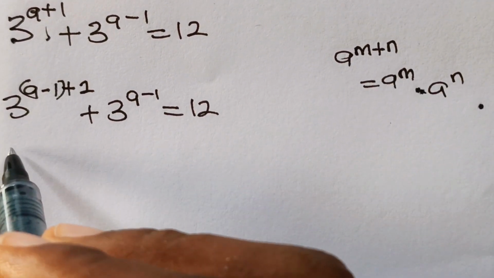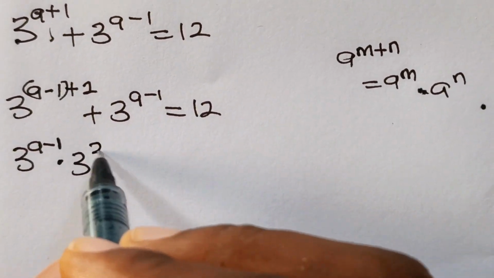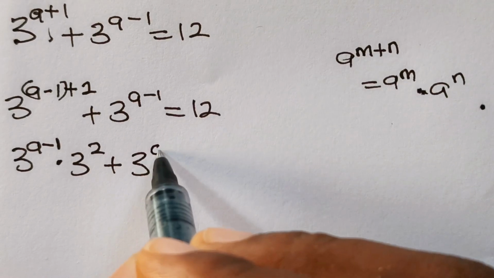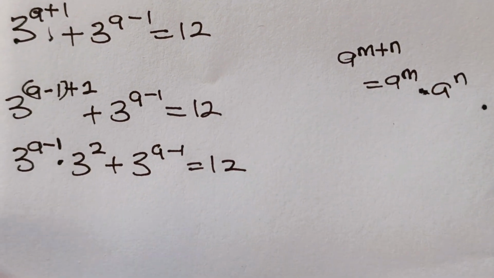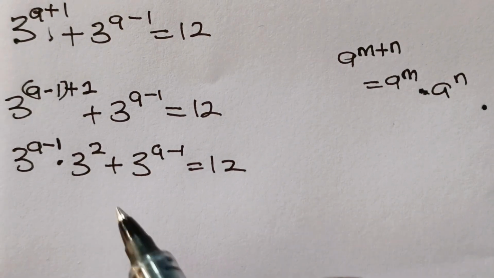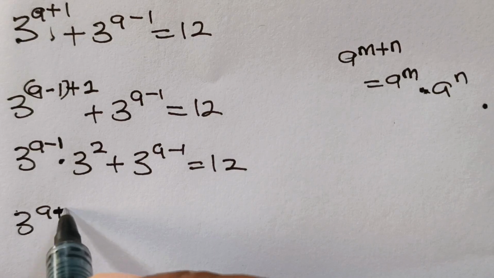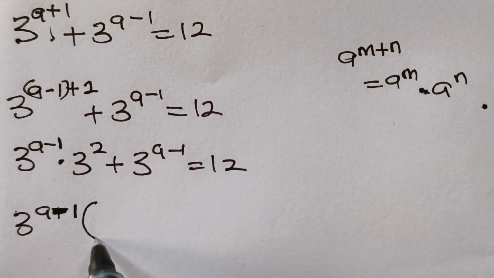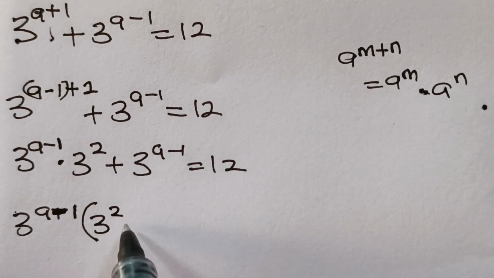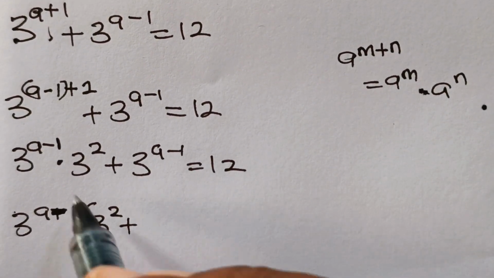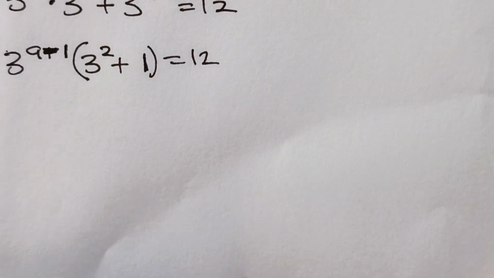When we apply that, you have 3 to the power of a minus 1 multiplied by 3 to the power of 2, plus 3 to the power of a minus 1, is equal to 12. Now let's factorize 3 to the power of a minus 1 out. Open bracket: when this is divided by this, we are left with 3 squared, plus, when this is divided by this, we are left with 1, is equal to 12.